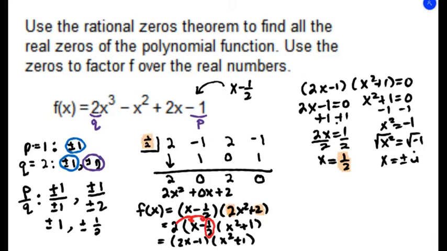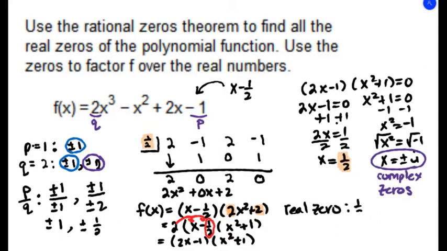But the other zeros that we have identified here are not real zeros. These are complex zeros. So we only have one real zero of 1/2, and we have the factored form of our polynomial.